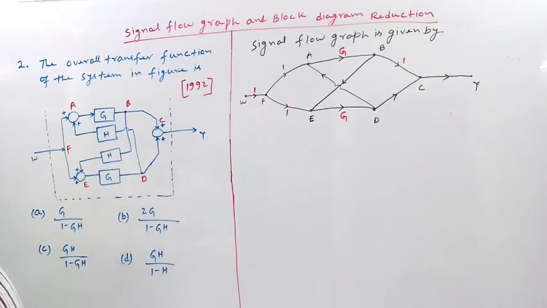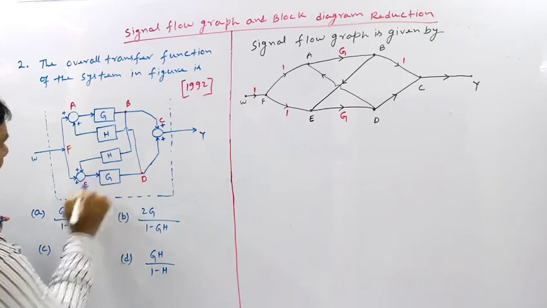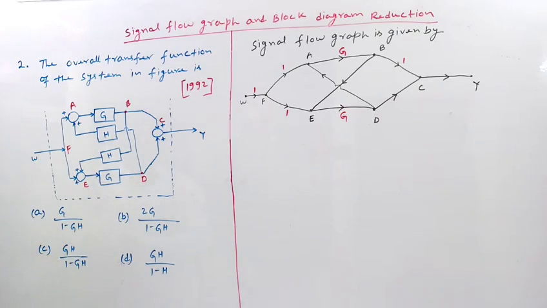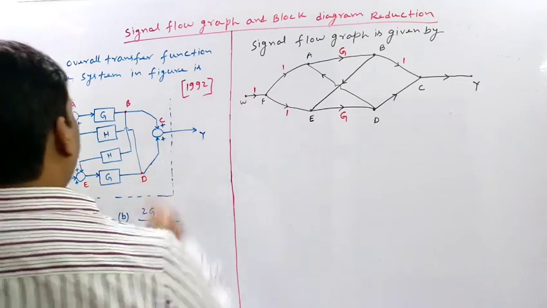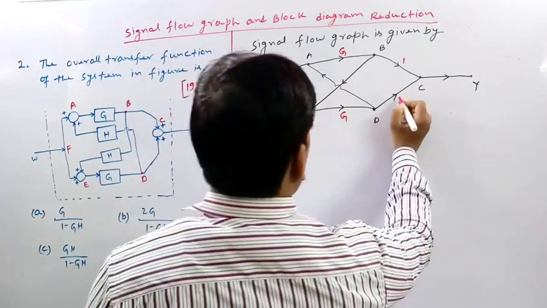And let us denote here. Here we should denote the arrow like this, the arrow should be in this direction. From D to C, again the path gain is 1.